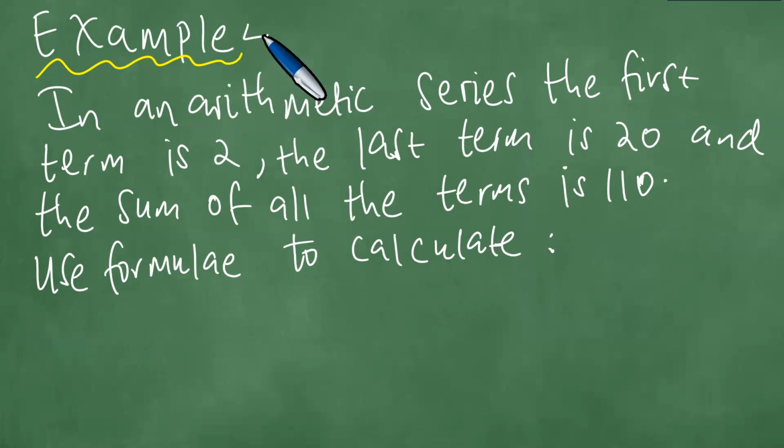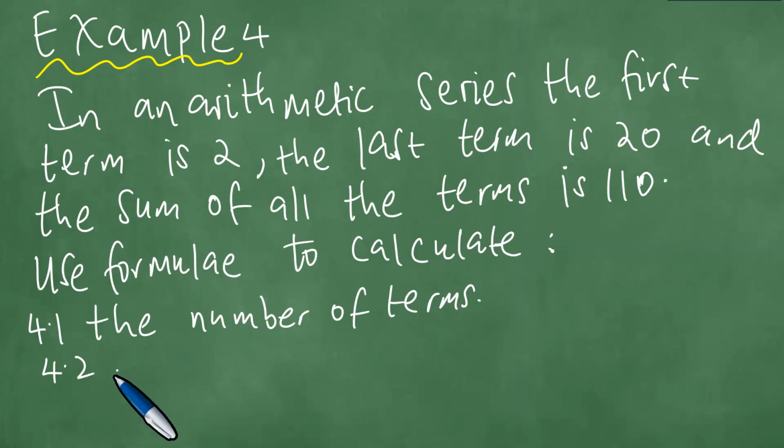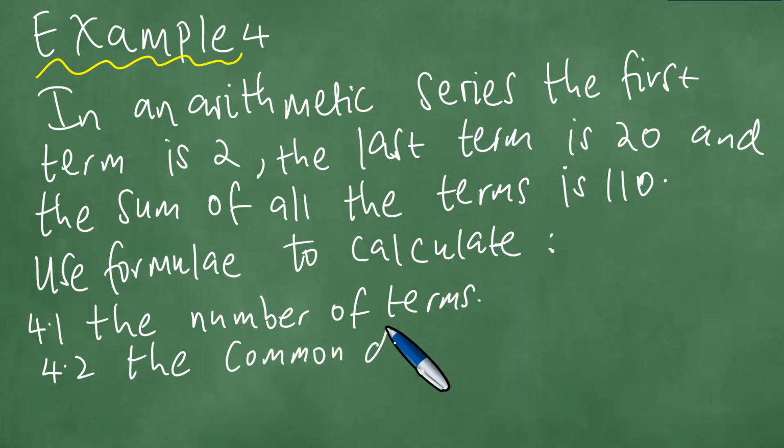Okay, this one is example 4. 4.1. The number of terms, the common difference, the 7th term.